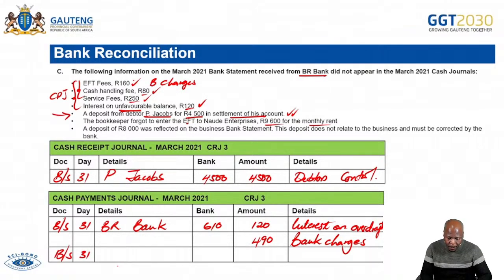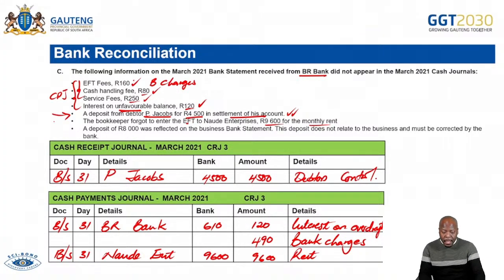And then I'm going to say, this is going to Know the Enterprise. How much are we talking about? 9,600. And this is rent. So this is our rent expense.